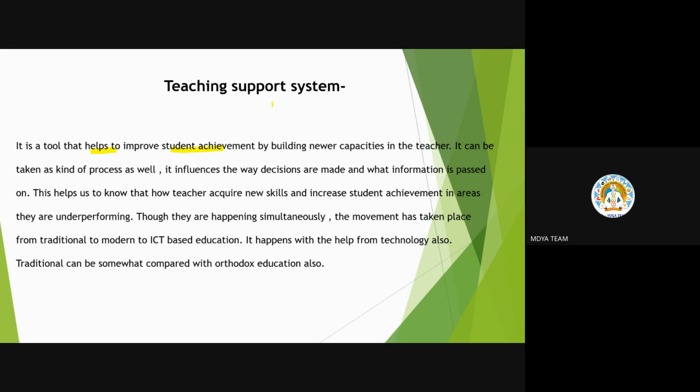That is why it is written here: building newer capacities in the teacher. It can be taken as a kind of process as well. It influences the way decisions are made and what information is passed on. This helps us to know how teachers acquire new skills and increase student achievement in the areas they are performing.